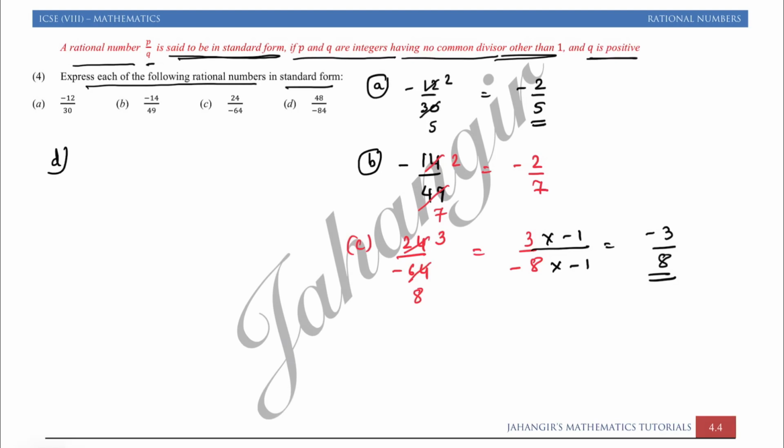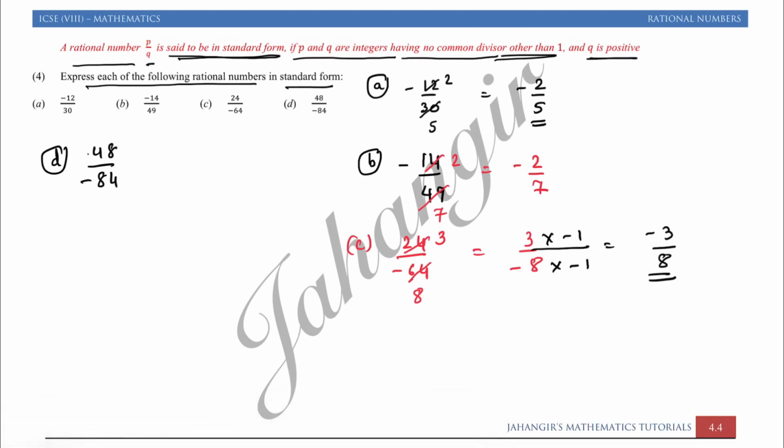D. 48 upon minus 84. By which number can you divide? You can divide by 16. 16 threes are... no, it will not work with 16.